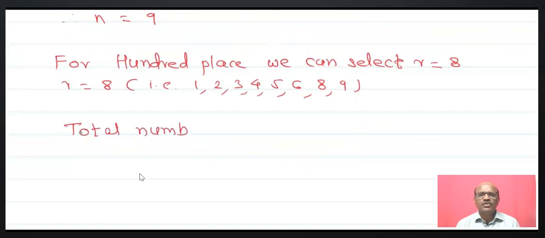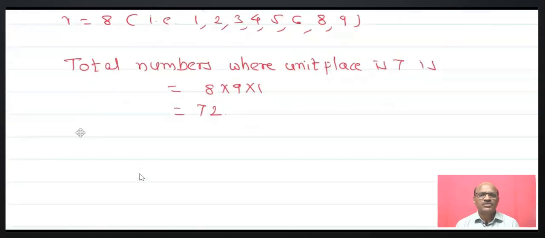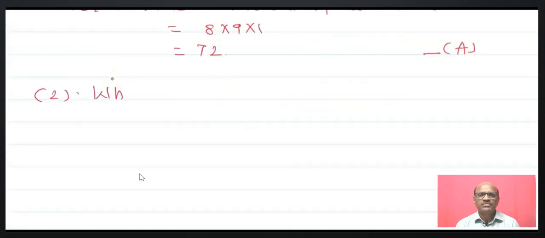Therefore, total number of numbers where the unit place is 7 is 1 into 9 into 8, that is equal to 72.